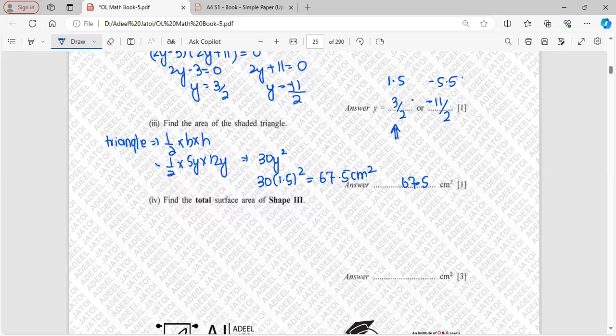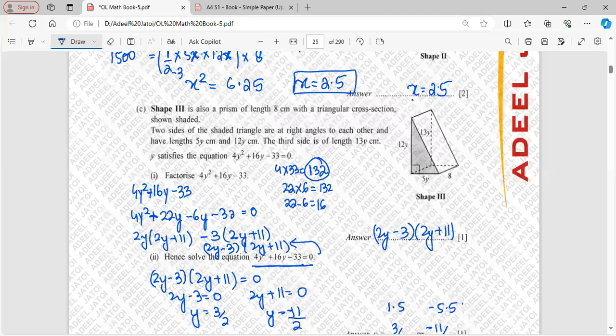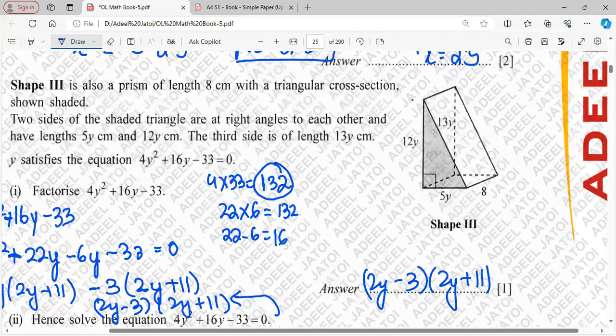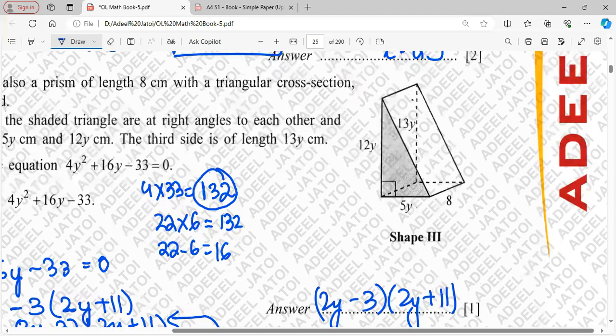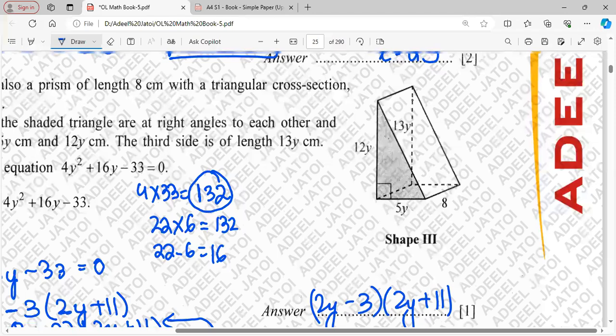Part 3, it says total surface area of shape 3. Now, what do we have? We already know that the value of y here is 1.5, right? But what we need to understand is that total surface area comprises all the shapes. This is a triangle. There is a triangle at the back.